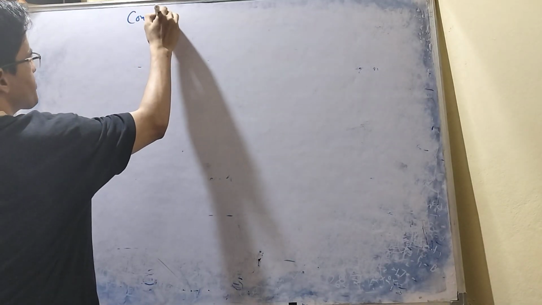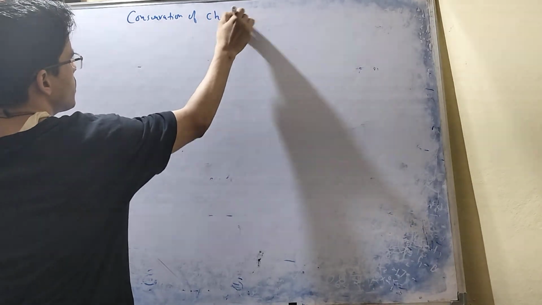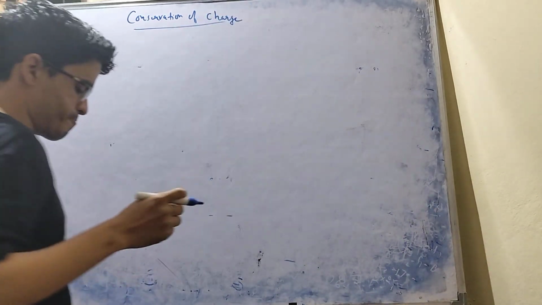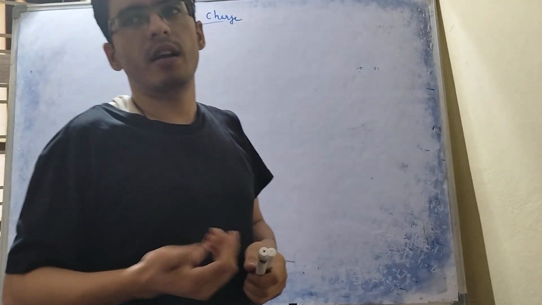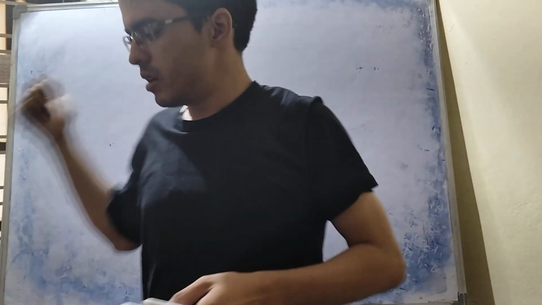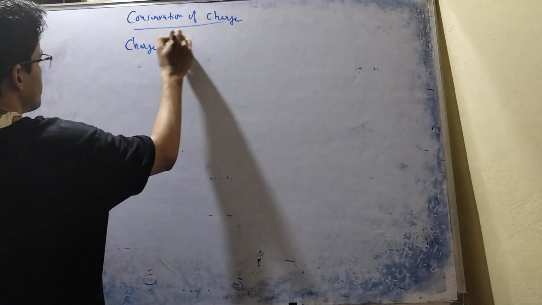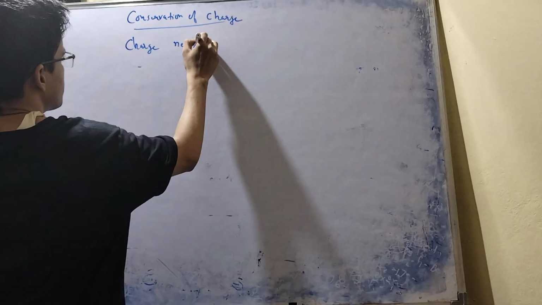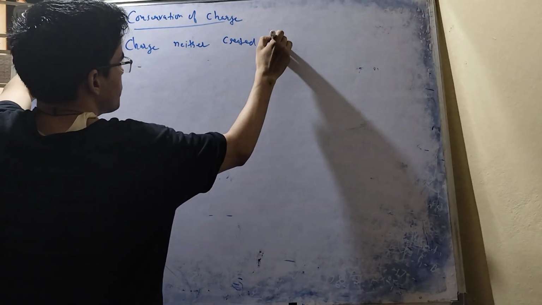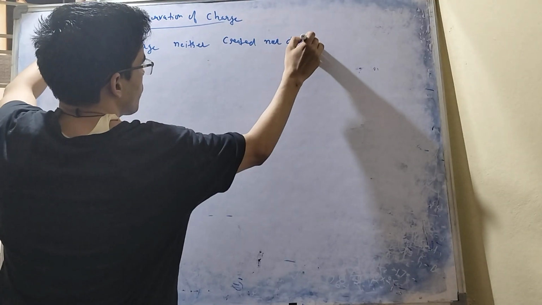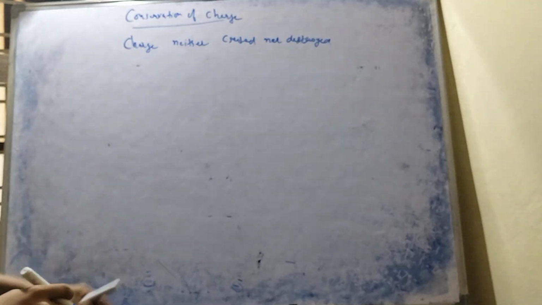Next, conservation of charge. What is conservation of charge? You know what is conservation of mass? Mass is neither created nor destroyed. Similarly, what is conservation of charge? Charge is neither created nor destroyed.